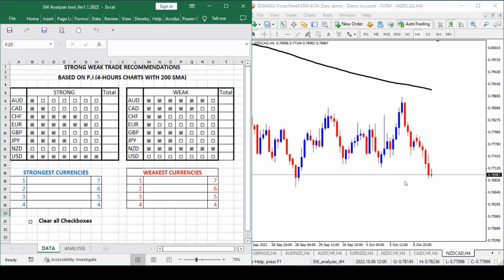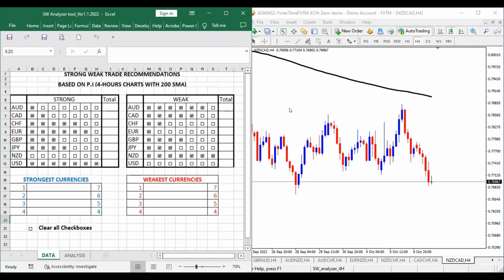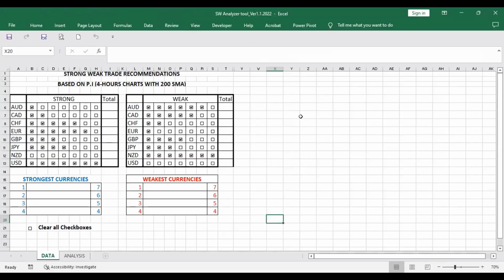Okay, so what happens at this point, if you've been following through with me, you will have gone through 28 currency pairs. And let me now maximize this just so we can see clearly. Each of your currencies on your line should have a total of 7 arrows, a mixture of up and down arrows.